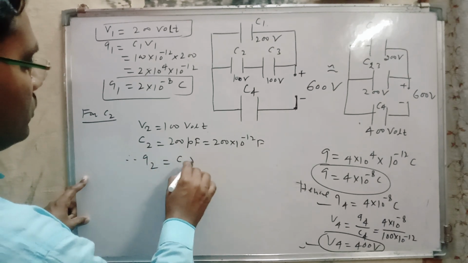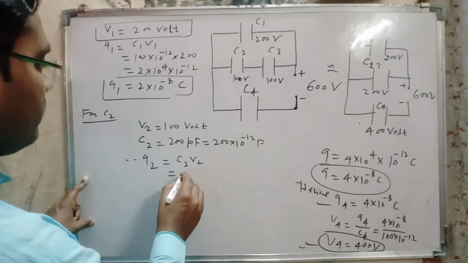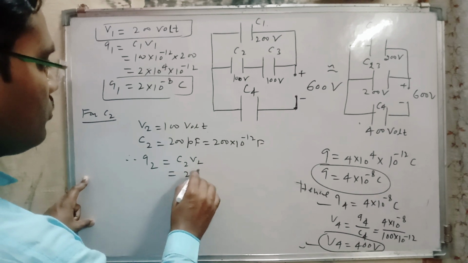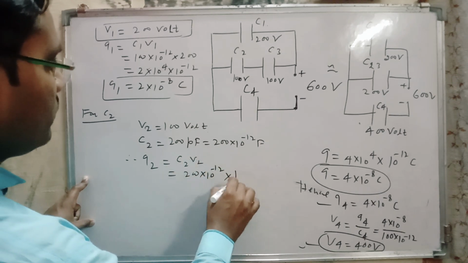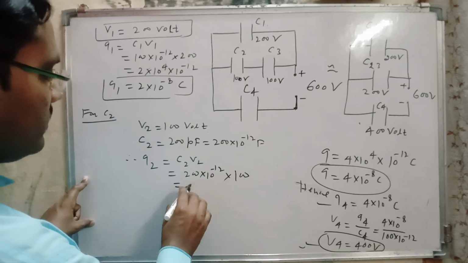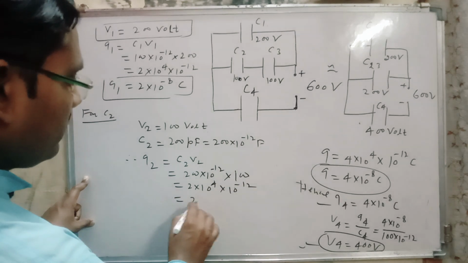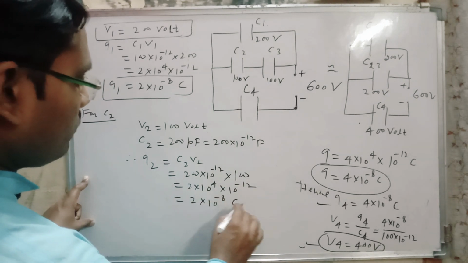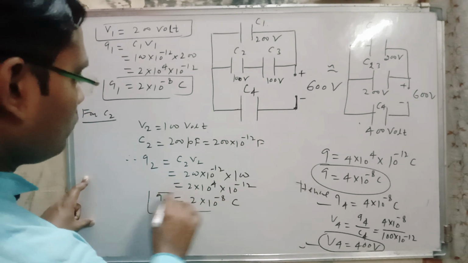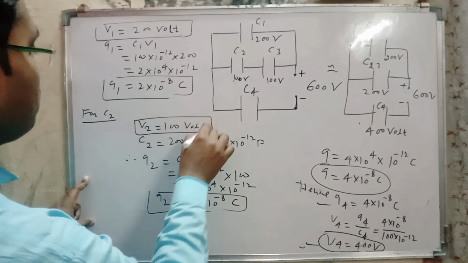Q2 is equal to C2 V2. C2 is 200 into 10 to the power minus 12 into 100. That means 2 into 10 to the power 4 into 10 to the power minus 12. That means 2 into 10 to the power minus 8 coulomb. This one is the Q2. This one is the V2.